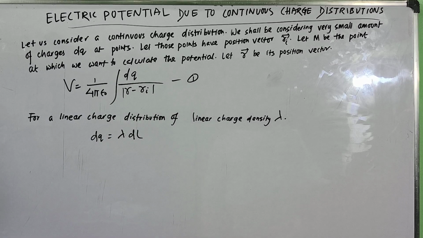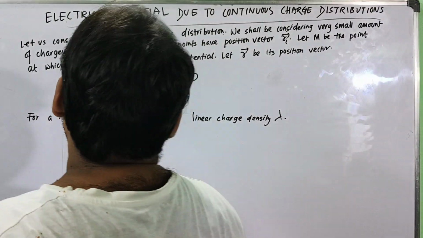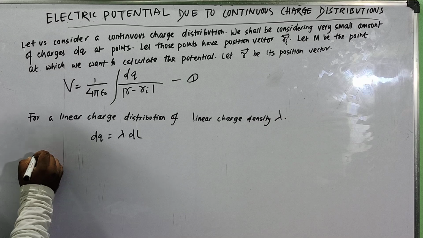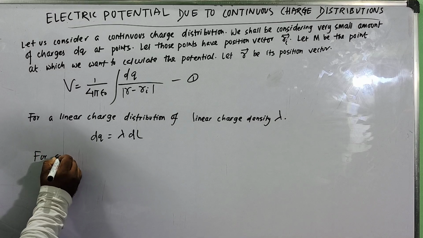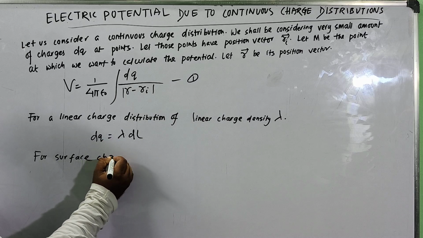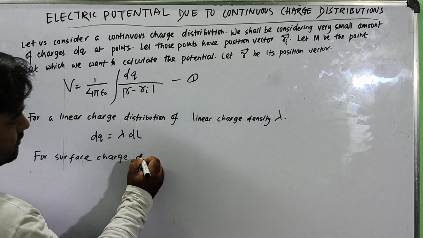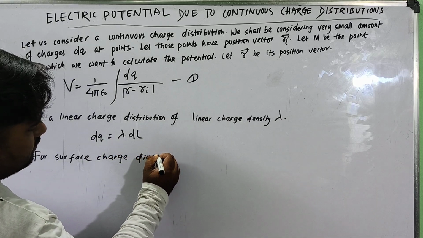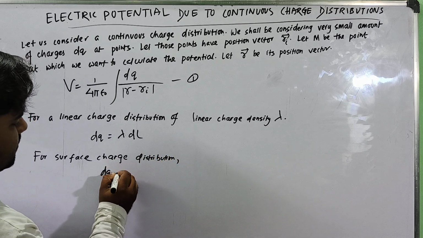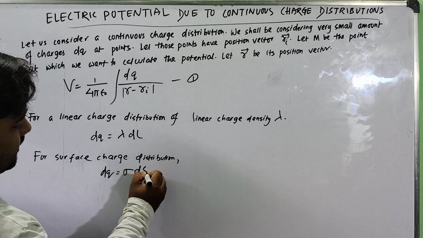So you are going to replace this thing by this. Now for surface charge distribution, dq in case of this is sigma ds.